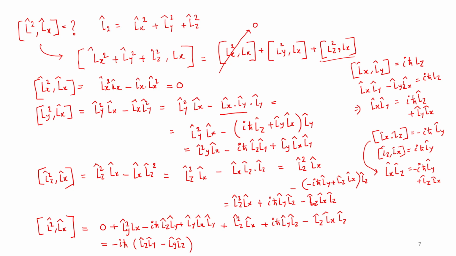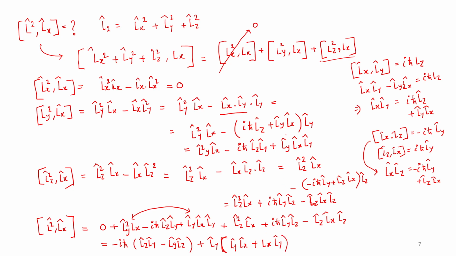What else we have? If we take common between these two, if we take Ly common at the left hand side, we will get bracket Ly Lx, and from here we will get Lx Ly.